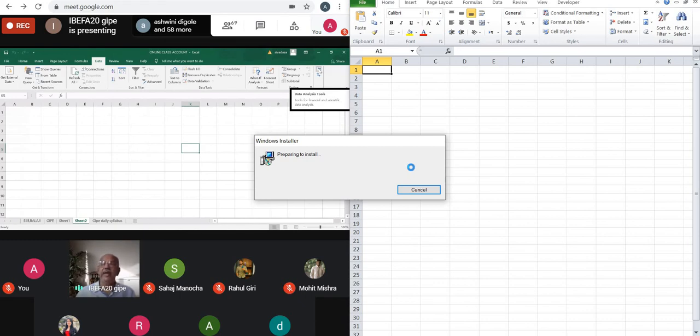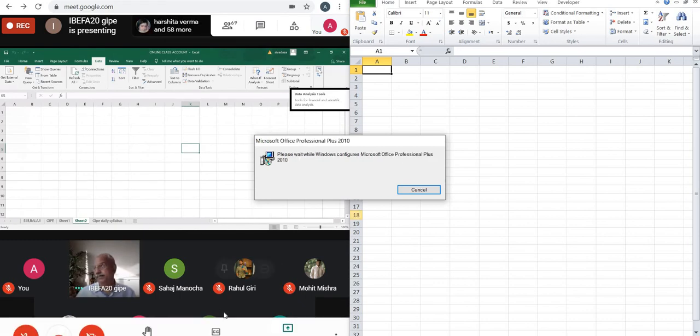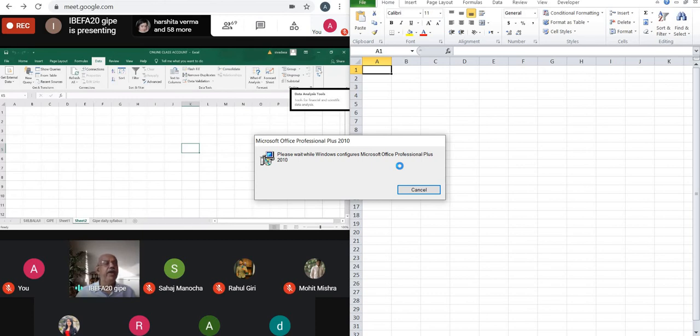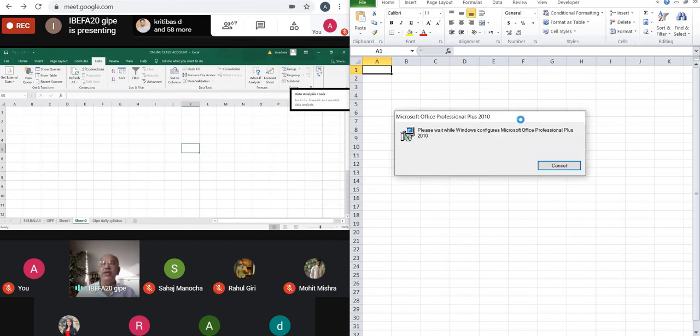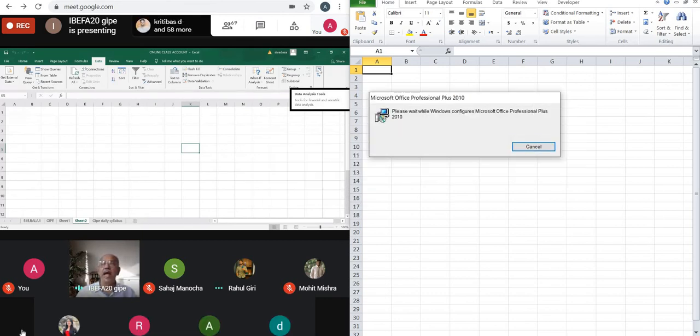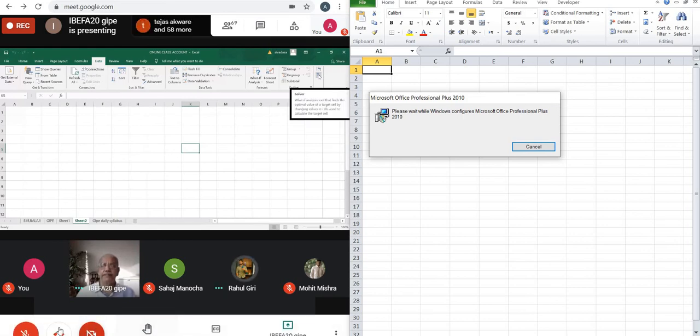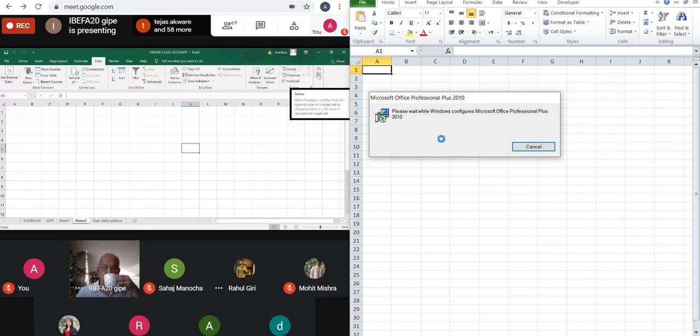How many of you got that too in your sheet? On the menu bar, did you get Data Analysis Tool and Solver? Anybody want me to repeat?